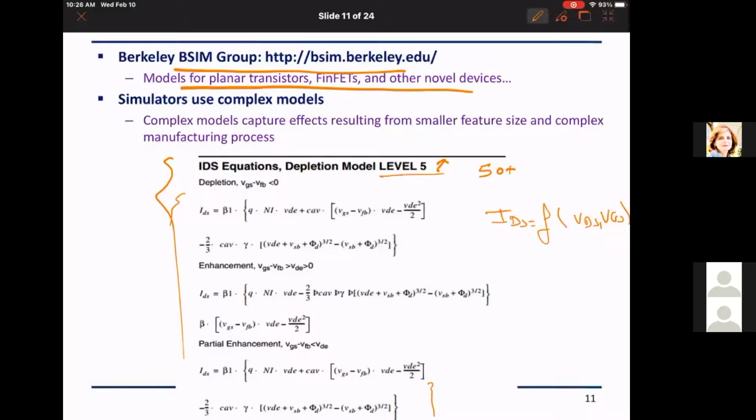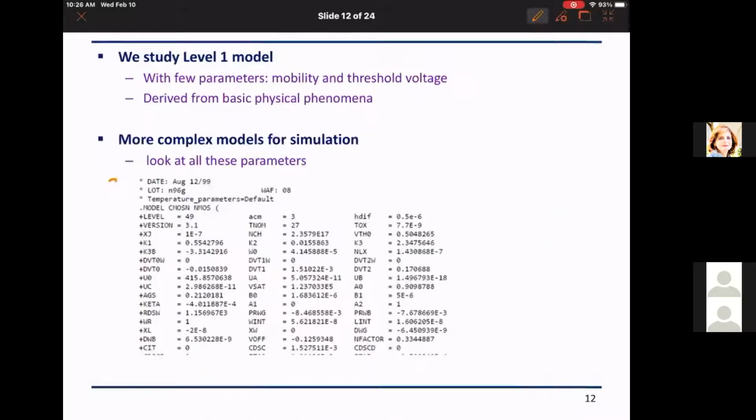These parameters are built into what we call the model card. For example, this is the level, and if I find VTH0, this is VTH0 of the transistor, this is the oxide thickness, we'll talk about them later, and many others. This is VSAT, for example, we will tell you what the saturation velocity or what the saturation effects are.